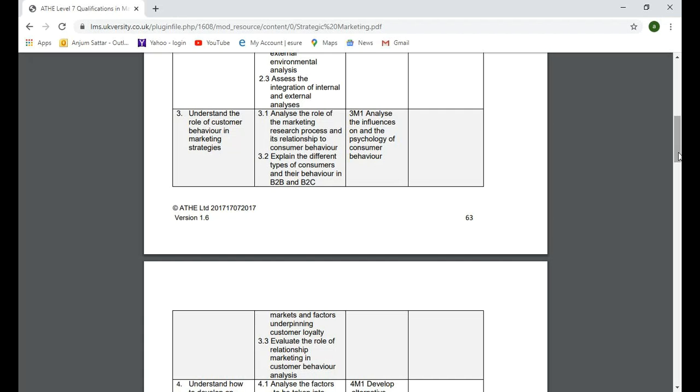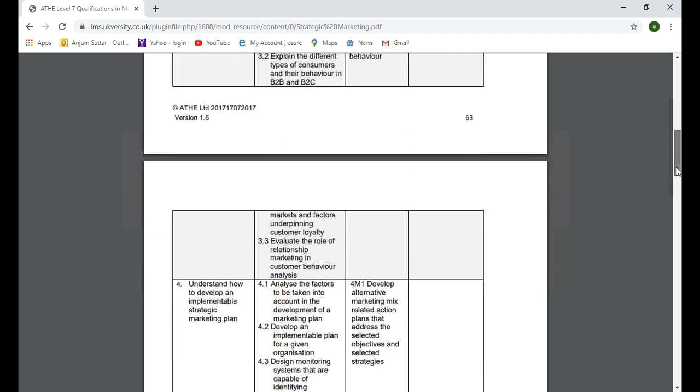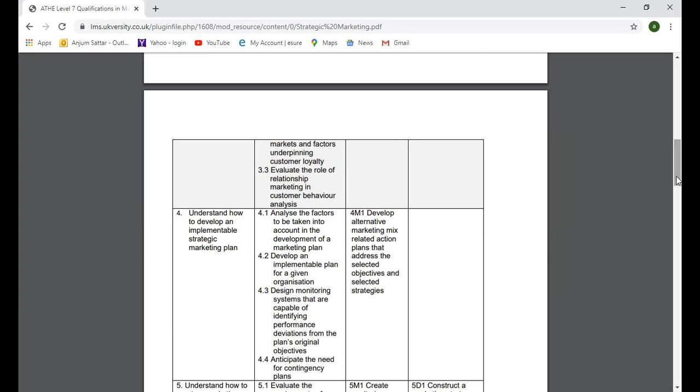Then in the third lesson we discussed consumer behavior, what is meant by it and why customer behavior changes. We discussed business to business and business to consumer behavior, and we discussed that customer loyalty is very important, and I mentioned a good few examples.